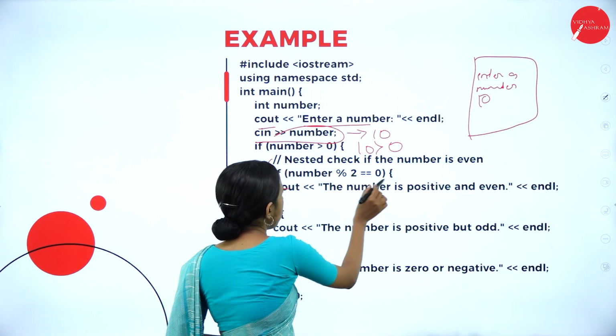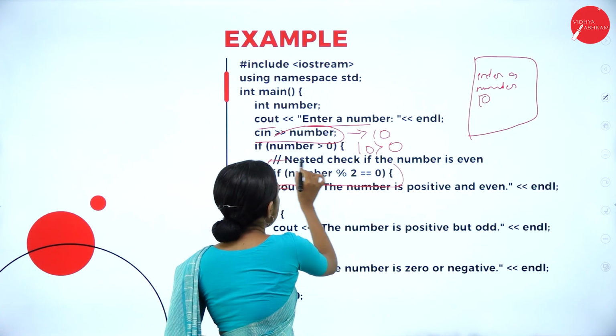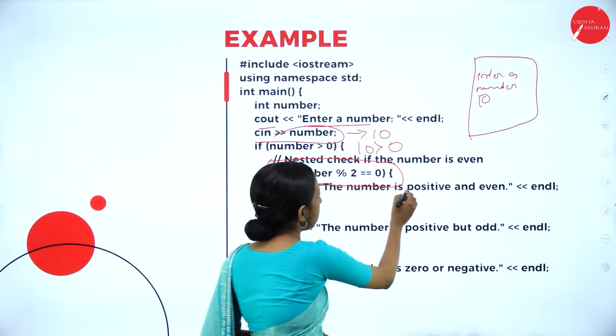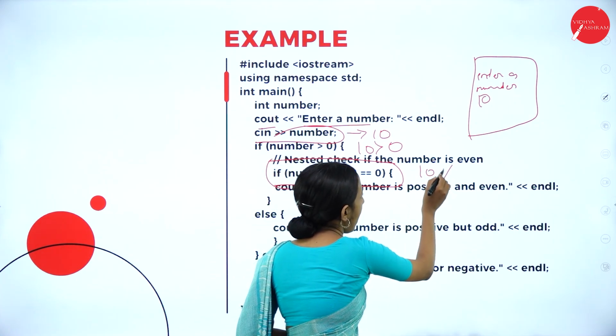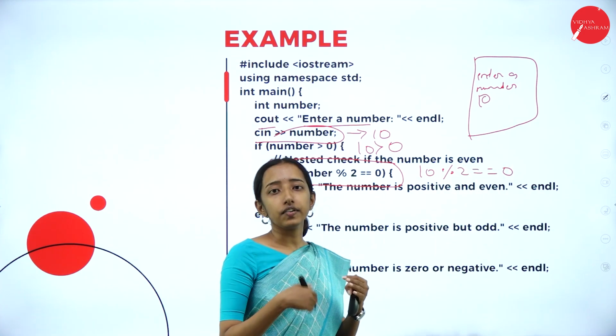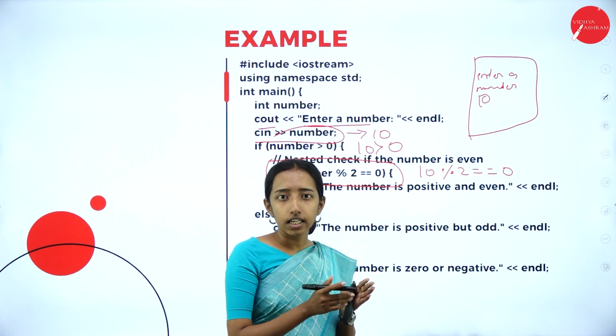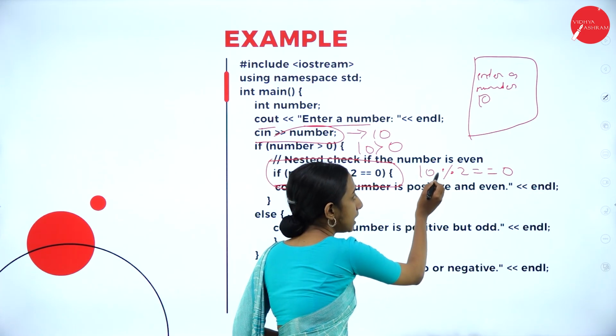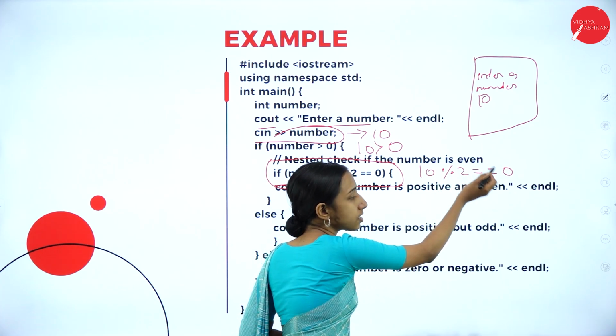Again, here we will have another if. If the number, that is 10, modulus 2 equals 0, it will check whether 10 modulus 2 equals 0.